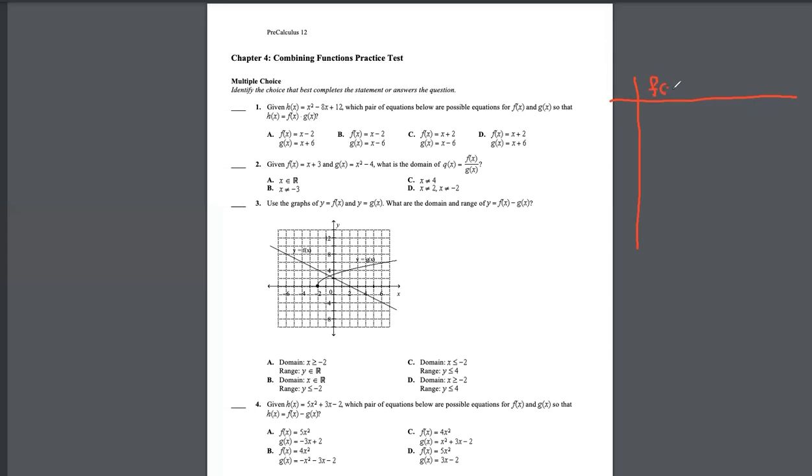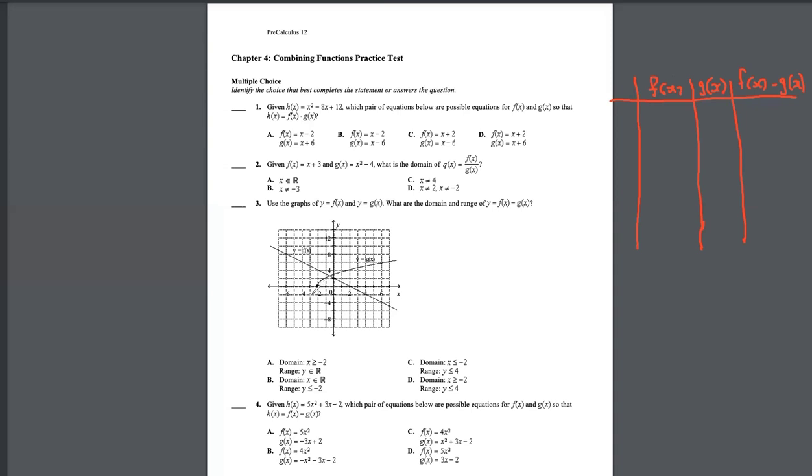F of x, g of x, and the last thing, it'll be f of x minus g of x. Okay. Look for important points here.